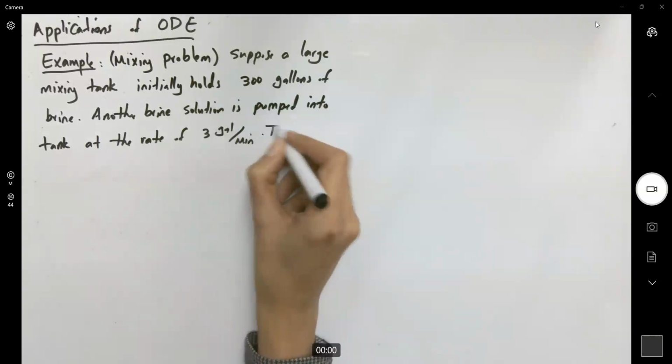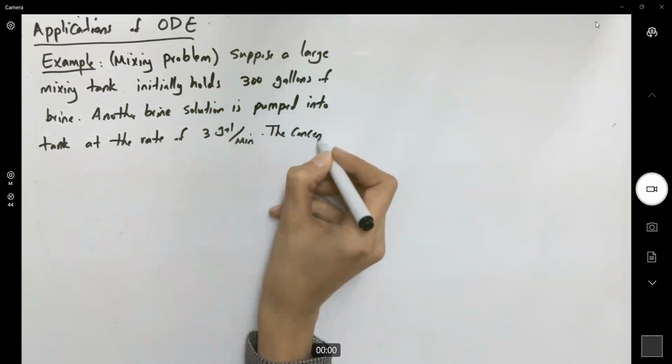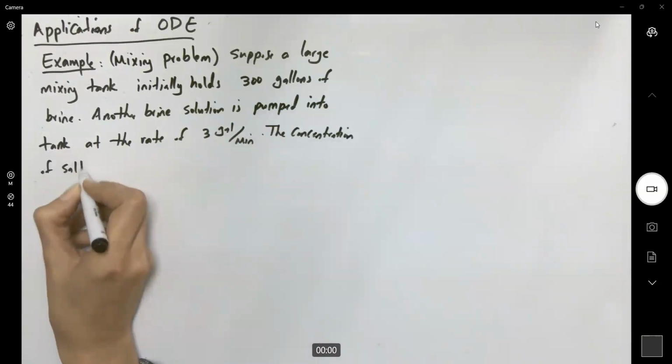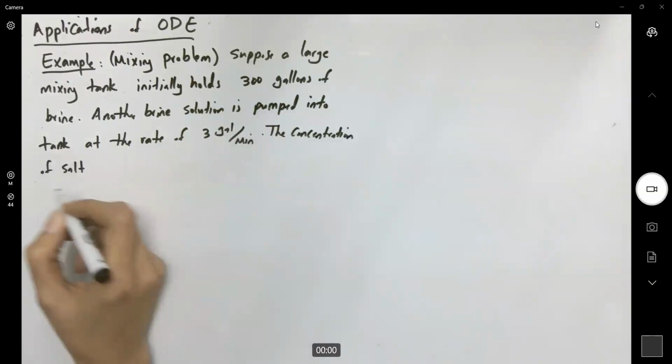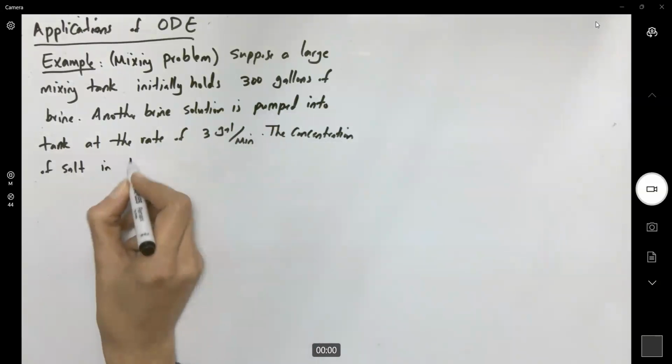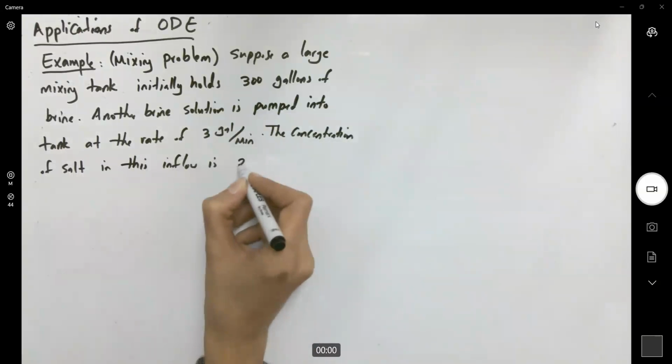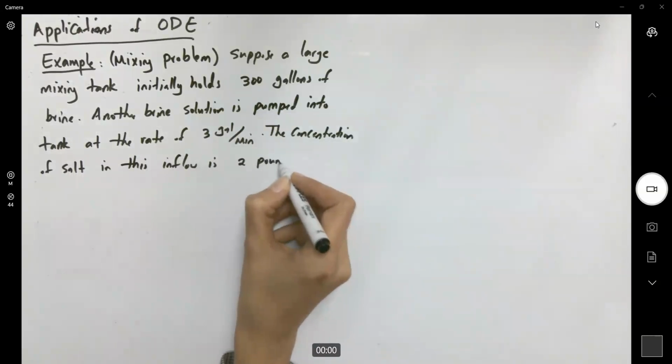The concentration of salt in this inflow is 2 pounds per gallon.